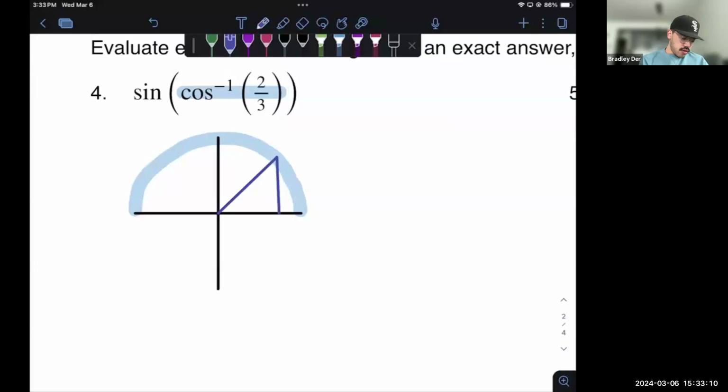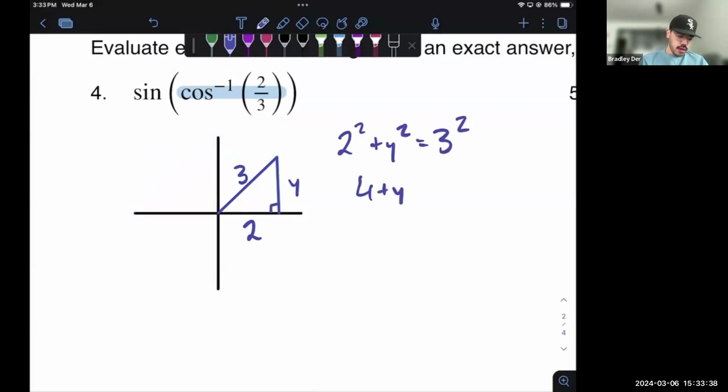And so then I could draw this triangle where, and this is not going to be a triple, maybe I just want to go with the adjacent and the hypotenuse being 2 and 3. But then I could just solve for the y coordinate. So 2 squared plus y squared is equal to 3 squared. And y is going to end up being the square root of 5.